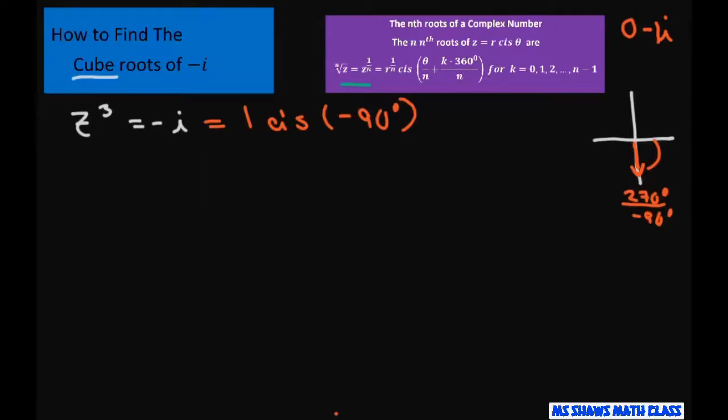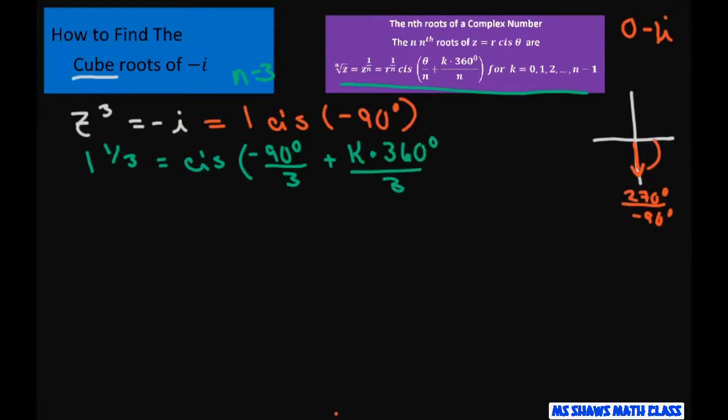So now I'm going to use the formula. So I have 1 to the 1/3 equals 1 cis of negative 90 degrees divided by 3, your n equals 3, plus k times 360 degrees divided by 3.